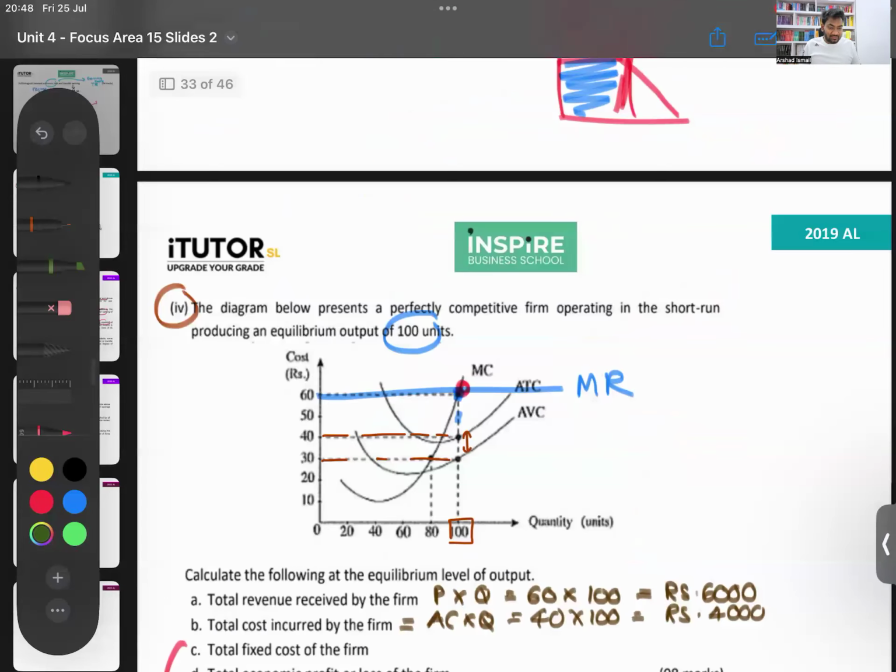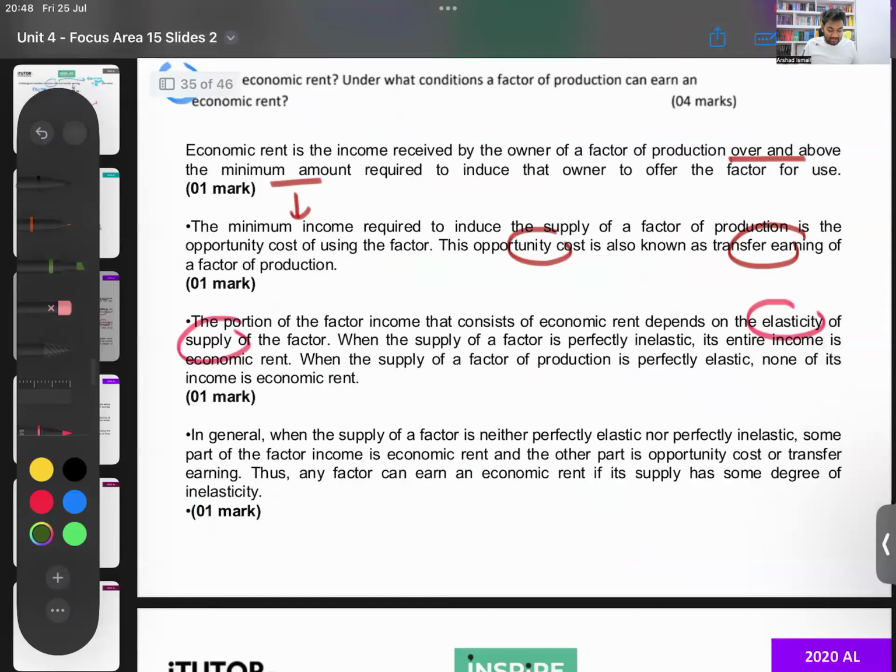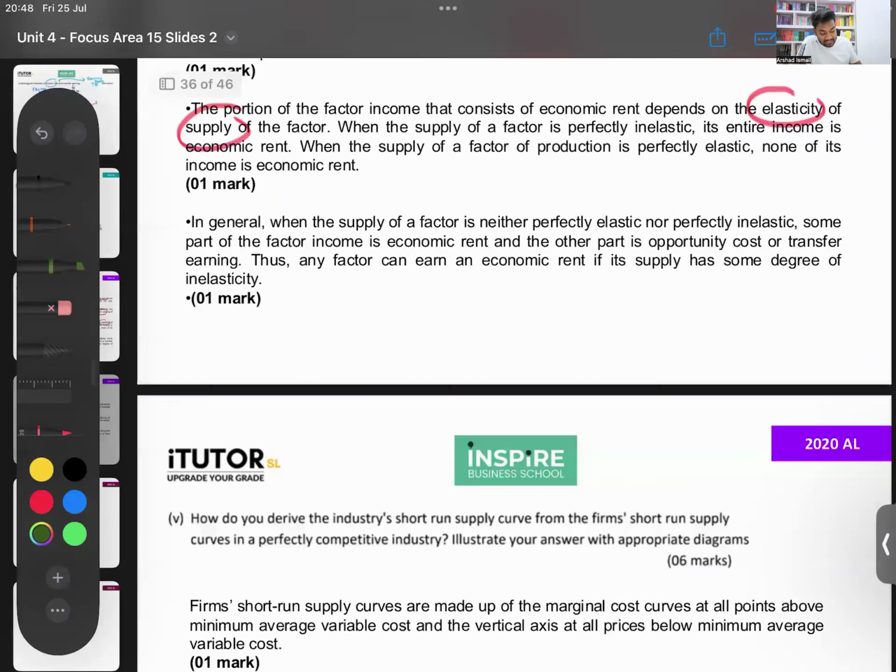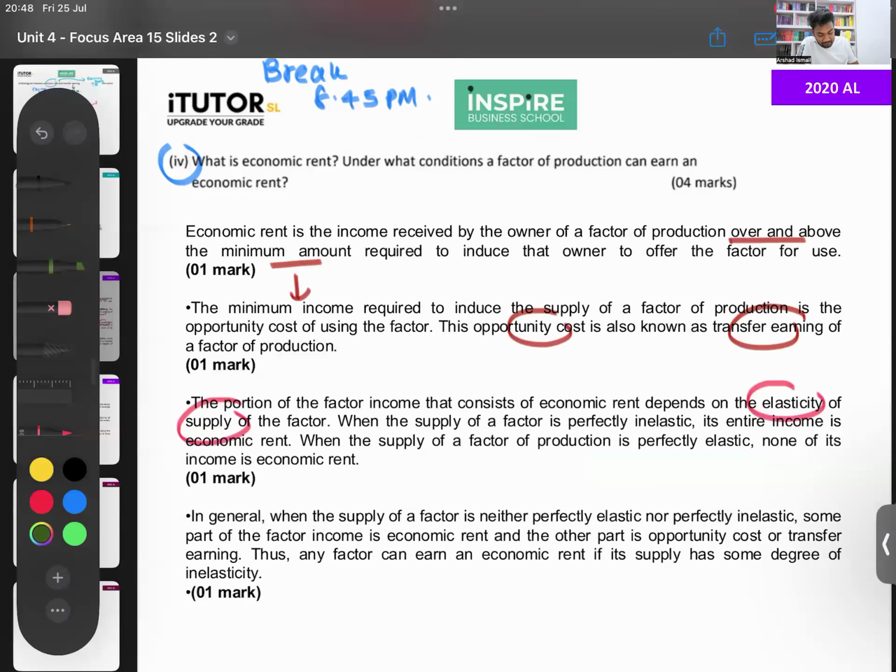What you earn above transfer, what you had explained, was the transfer as well. So here, look at this, it depends on the elasticity of supply. And then I'm saying, when the supply of the factor is perfectly elastic, none of its income is economic rent. If supply becomes perfectly elastic, then there is no economic rent. Economic rent is zero.